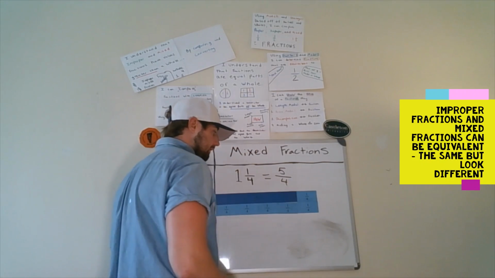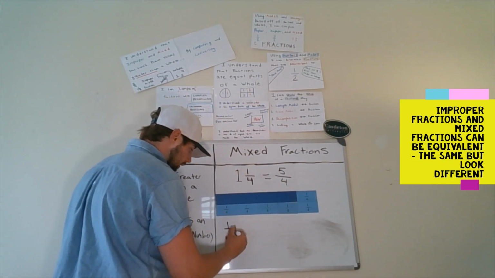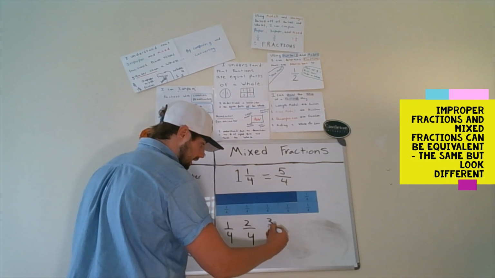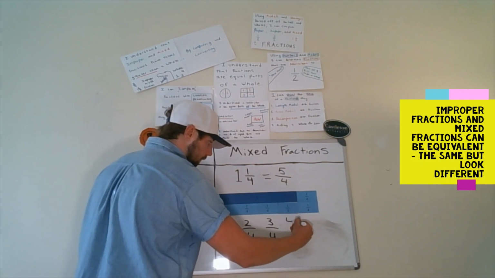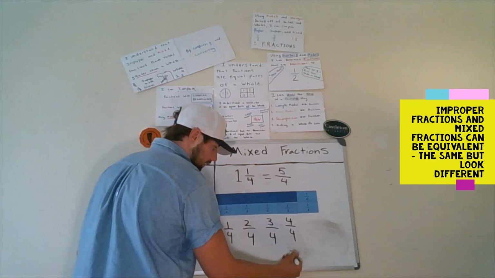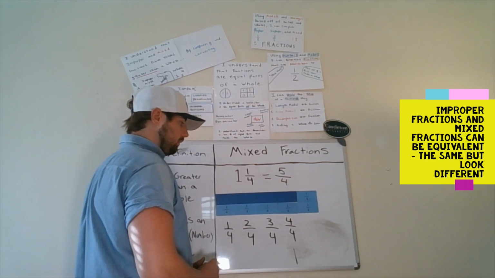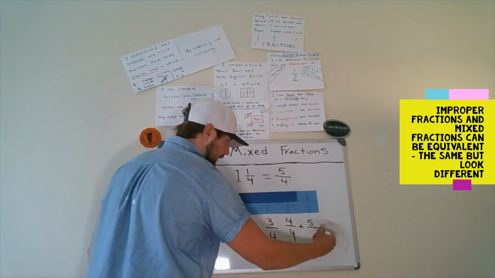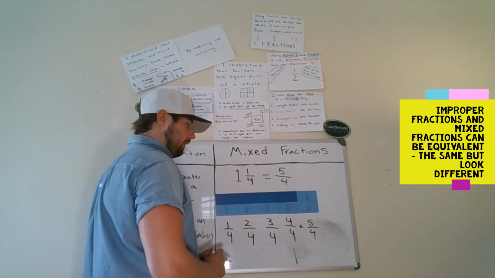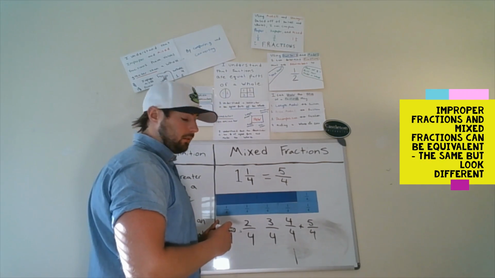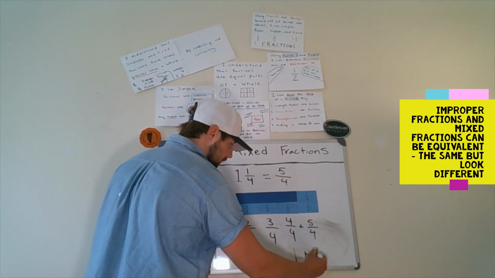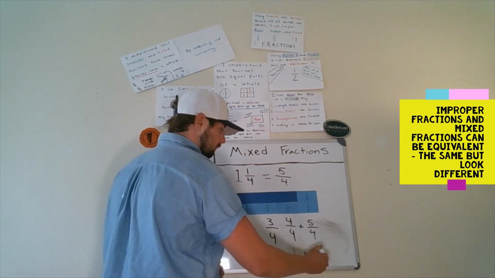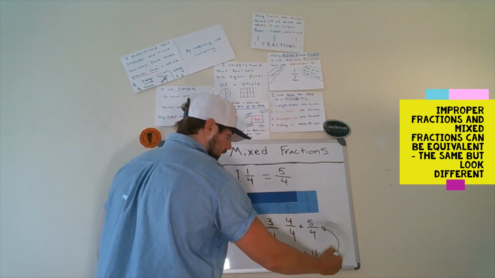That is because 1, 2, 3, 4/4 is a whole with another fourth added, greater than a whole. They are equivalent.